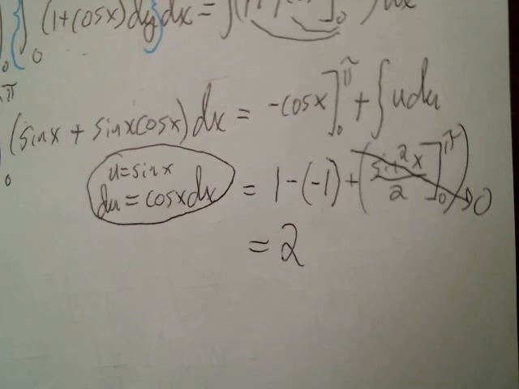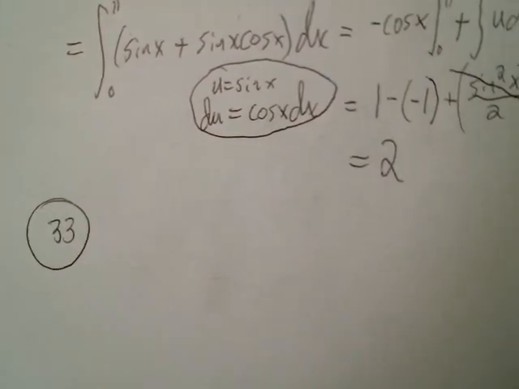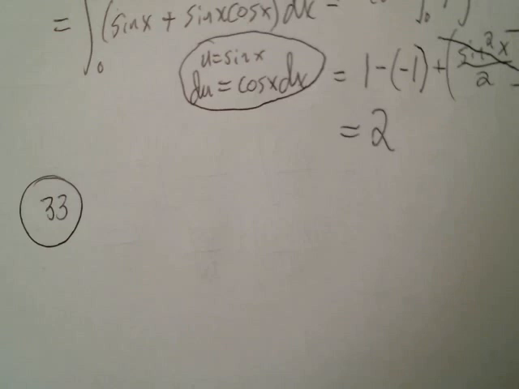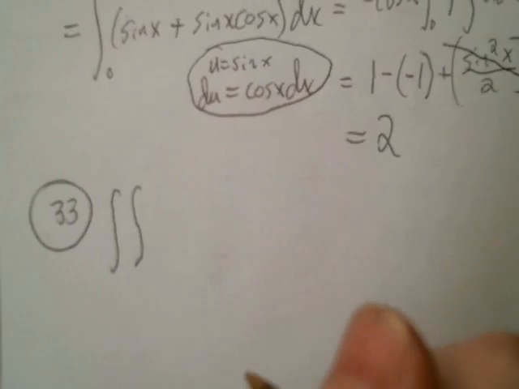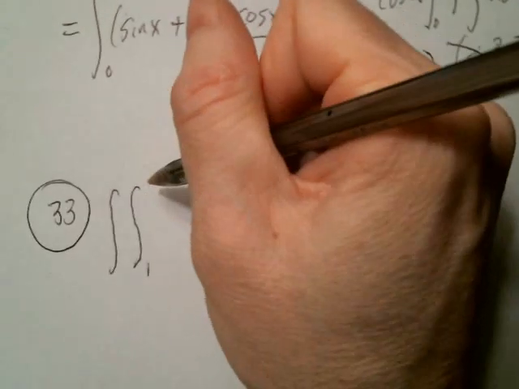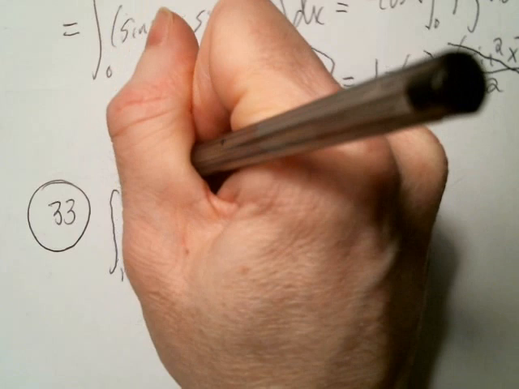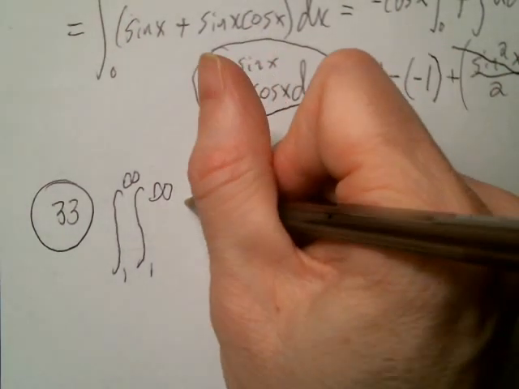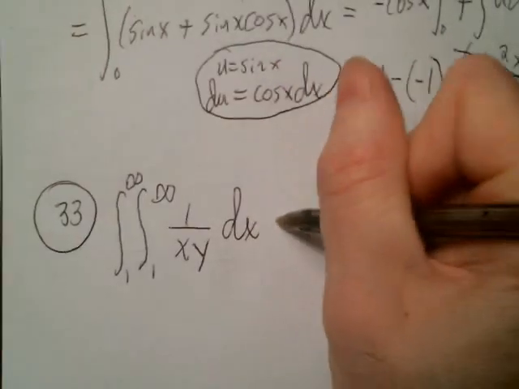Something that comes up in probability: if you want to become an actuary, you have to worry a lot about these probability functions. You'll have improper integrals inside of improper integrals, and you'll have to integrate those to figure out your probabilities.